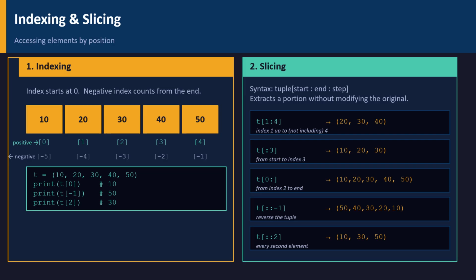We have given the reverse position, that is negative indexing. So the values given in the tuple will be reversed. And if you want to print every second element, the step position is given as 2. So it is going to print every second element in the tuple.